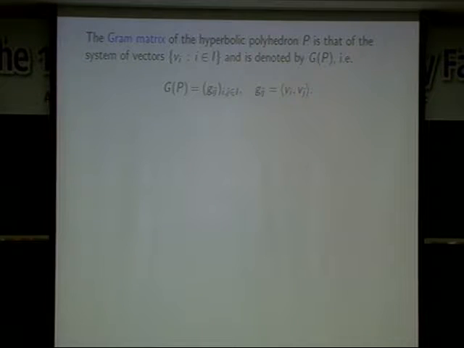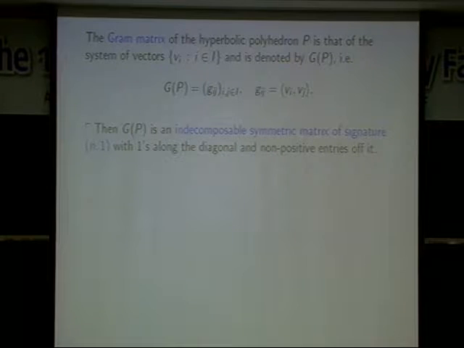The Gram matrix of a hyperbolic polyhedron P with a system of vectors v_i, denoted by G_P, is simply G_ij, the Lorentzian product between v_i and v_j. Obviously, the diagonal is 1, because we choose unit normal vectors. The off-diagonal entry: if two facets are adjacent, with some dihedral angle theta, then this value is minus cosine theta.